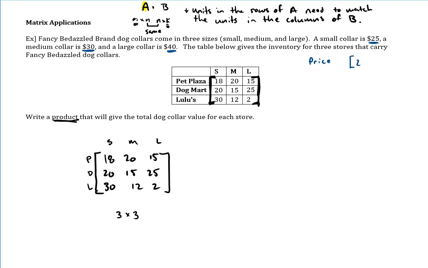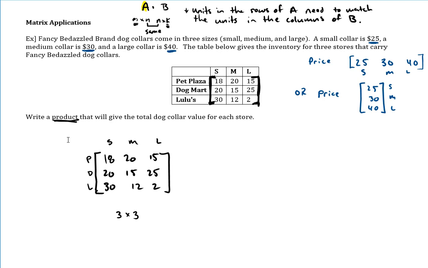We could make a matrix that is horizontal, so 25, 30, and 40, for small, medium, and large. Or we can make it to be where the price is vertical, so 25, 30, and 40. Again, that would be small, medium, and large. So it's up to us to decide how we want to make that happen.